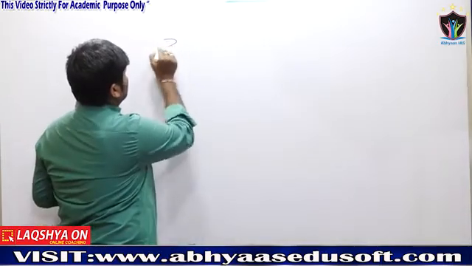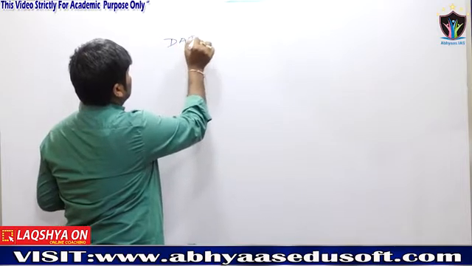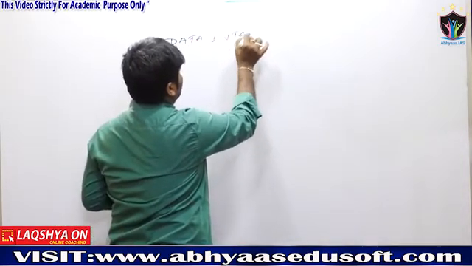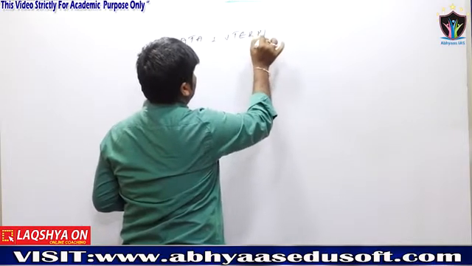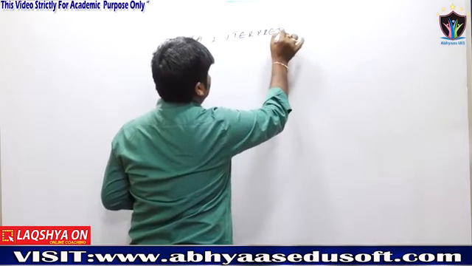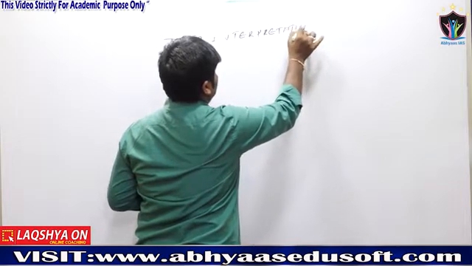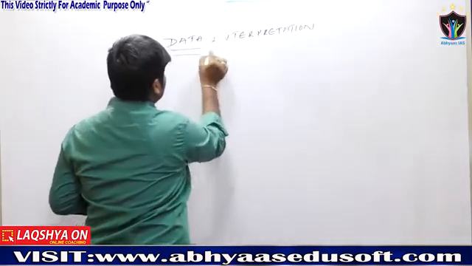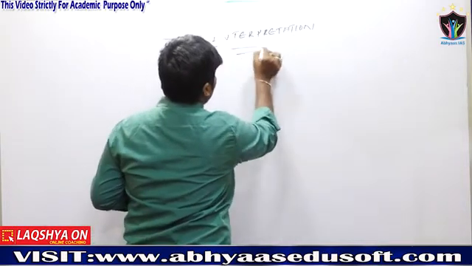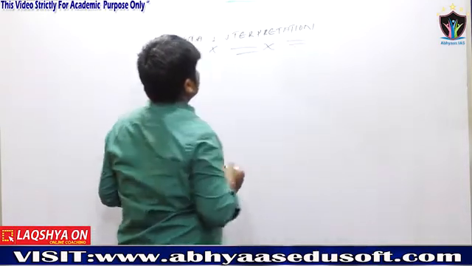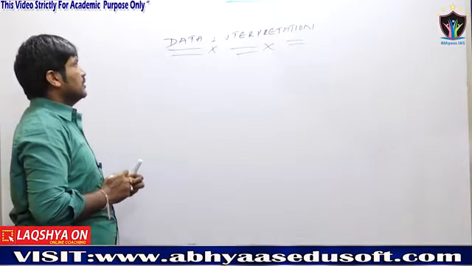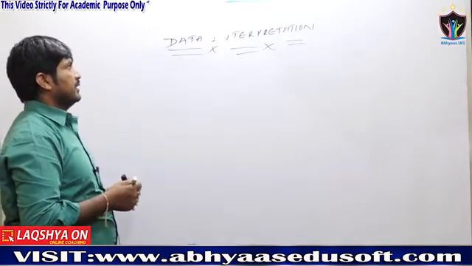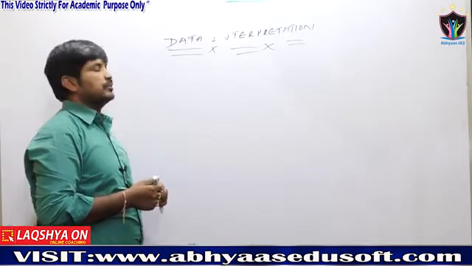Data interpretation is basically classified into 4 types.